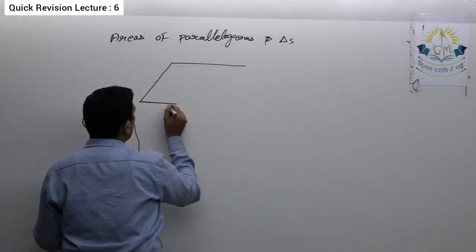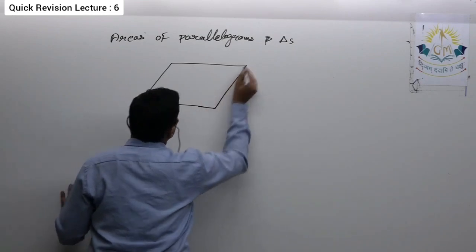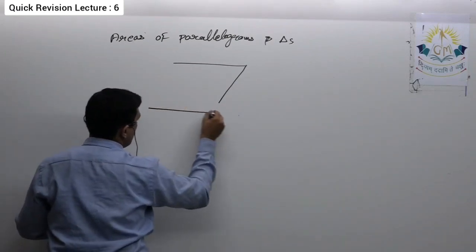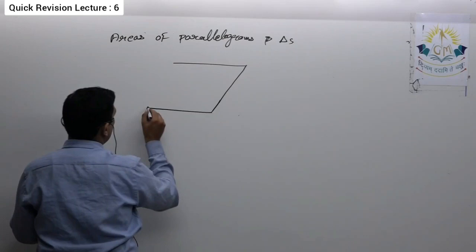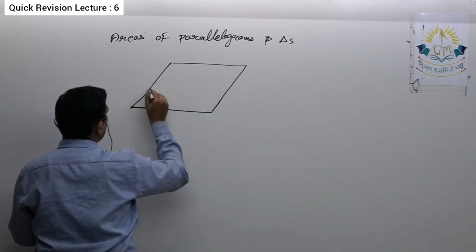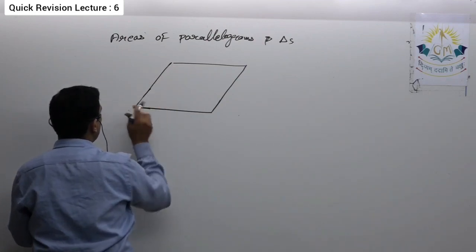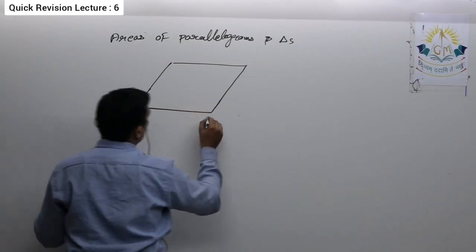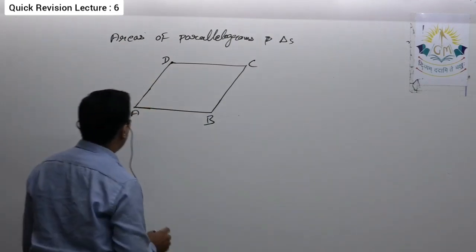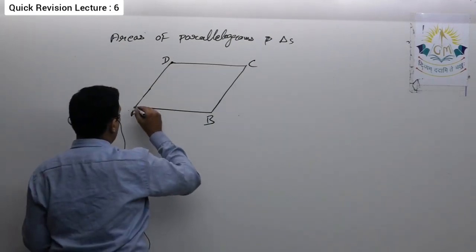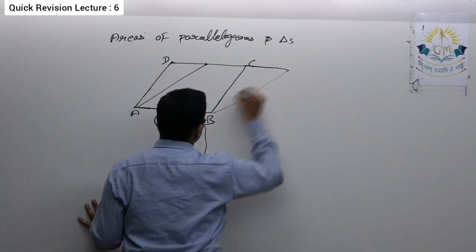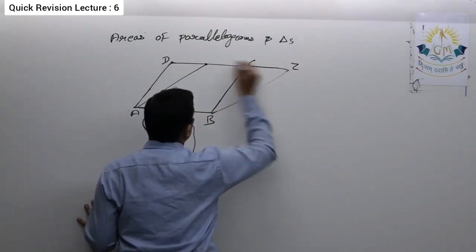Suppose this is a parallelogram ABCD, and suppose I draw one more parallelogram in this way, parallelogram ABZQ.